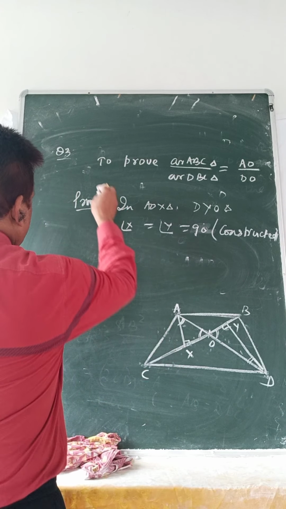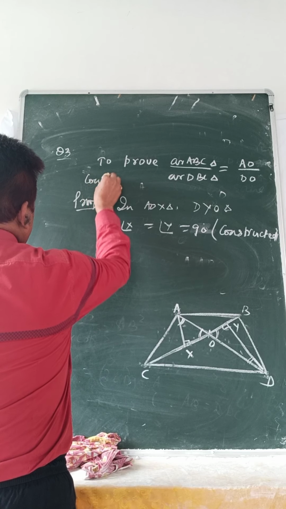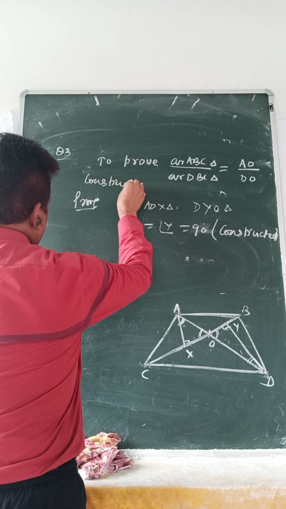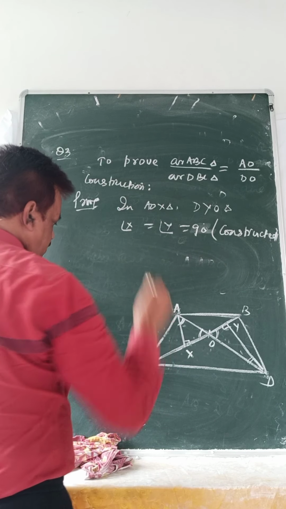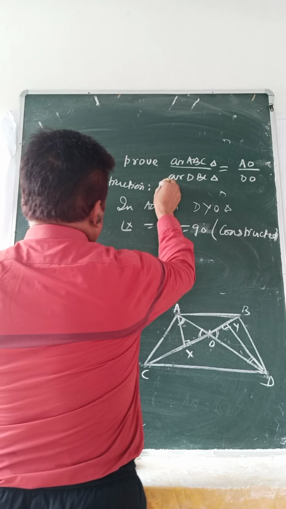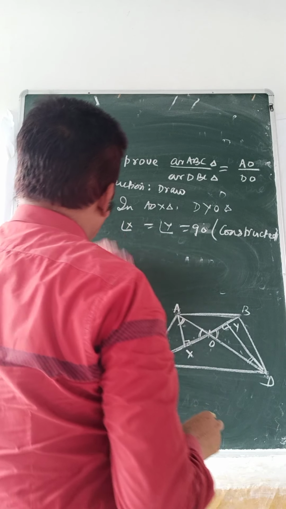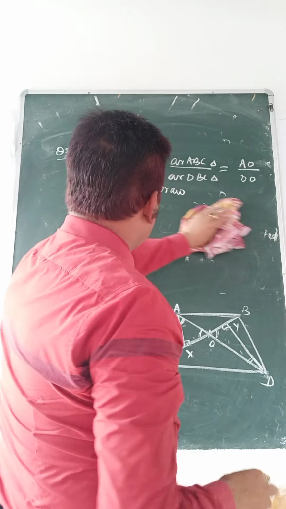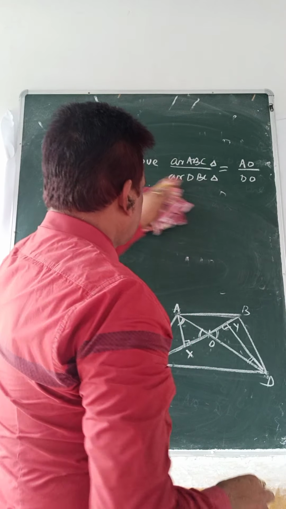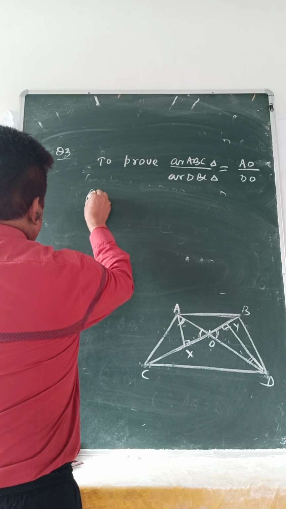Now the construction we forward here. Construction you write here. Draw this and write first: Construction.